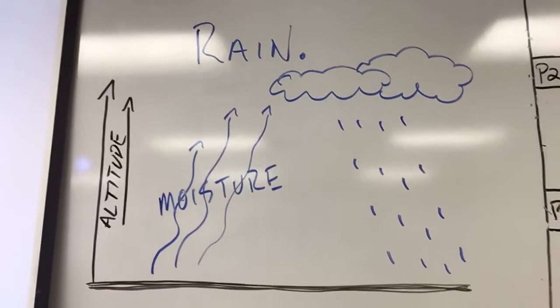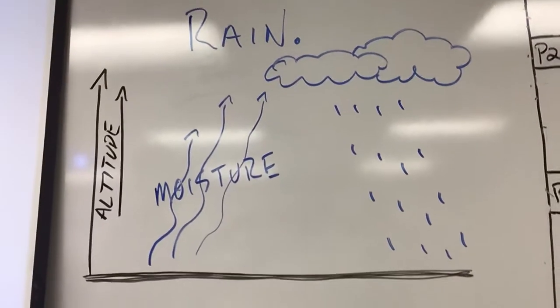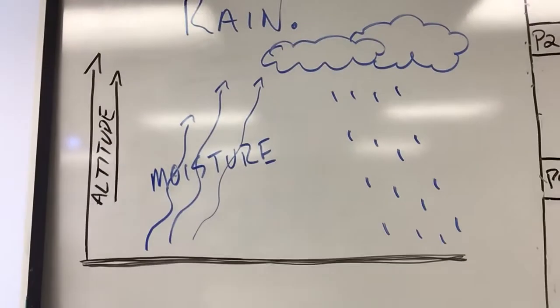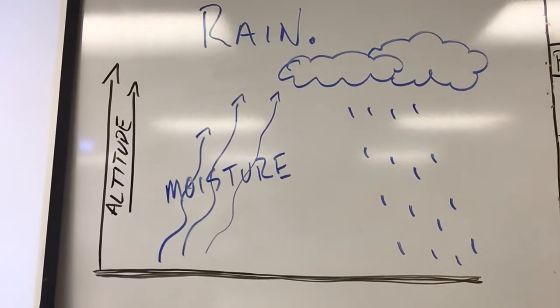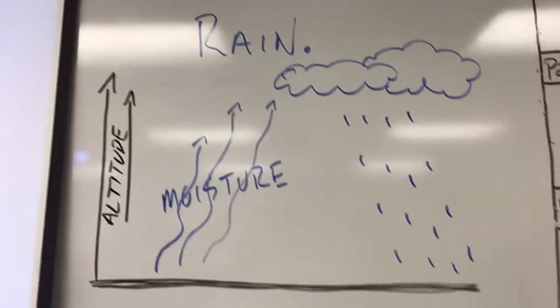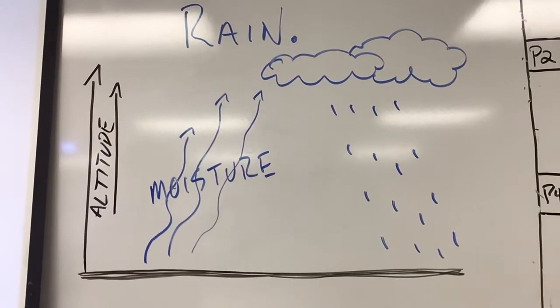So I want you to remember the major influence of altitude. As you go up, things get cooler, and I want you to remember that warm air rises a lot better than cool air. Think of a hot air balloon. And I want you to remember that cool air holds moisture worse than warm air.